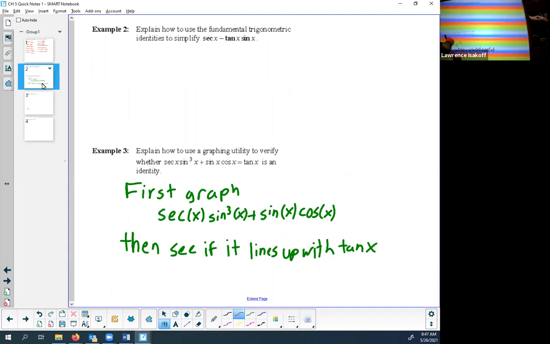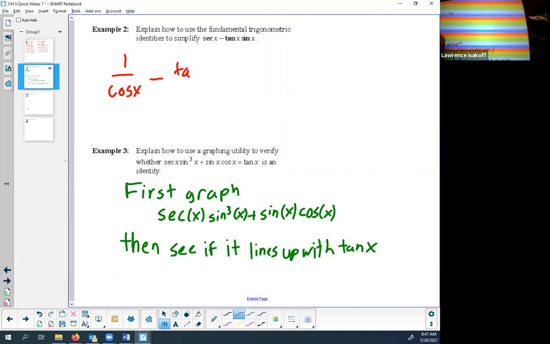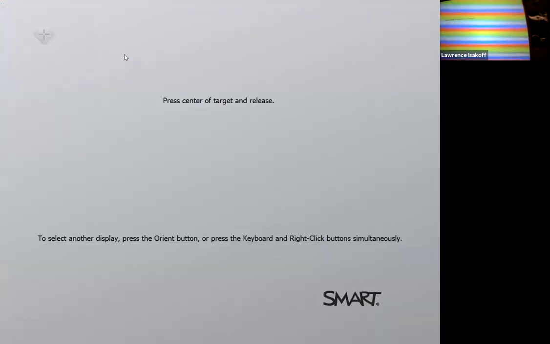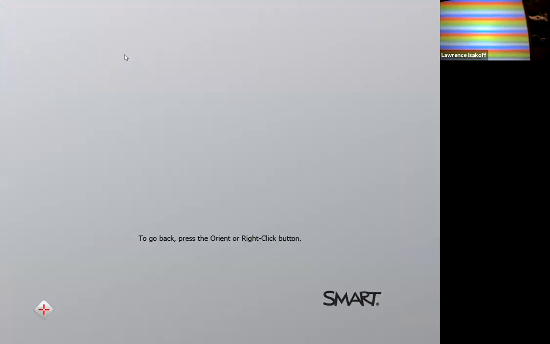So secant, I know secant is 1 over cosine, minus, I know tangent. It's not writing well for me. Let me recalibrate. I started writing tangent, I didn't want to write tangent.